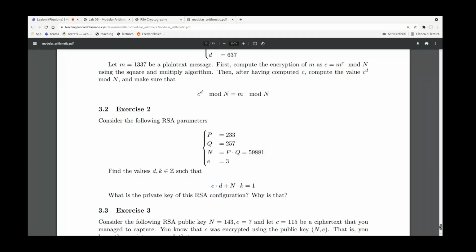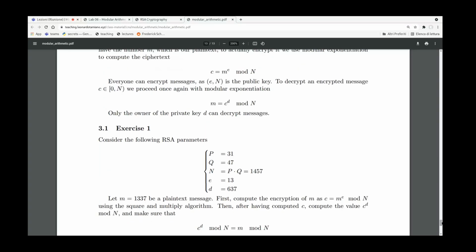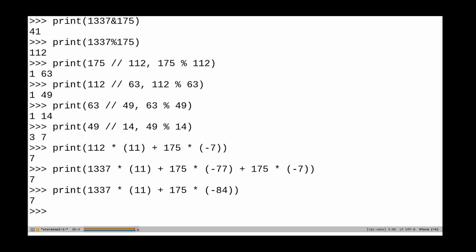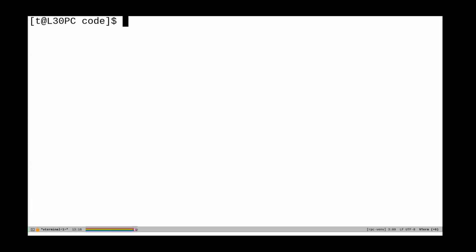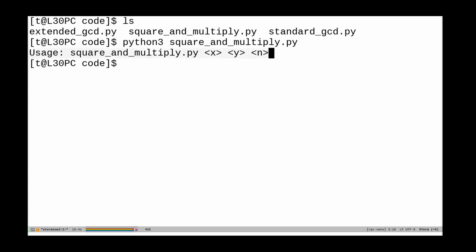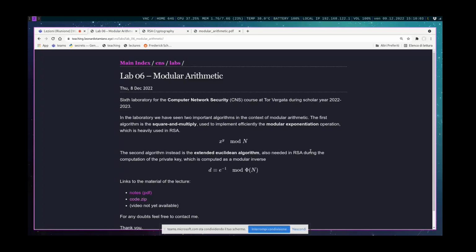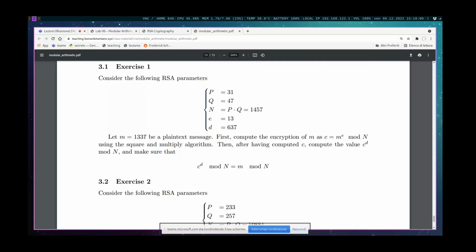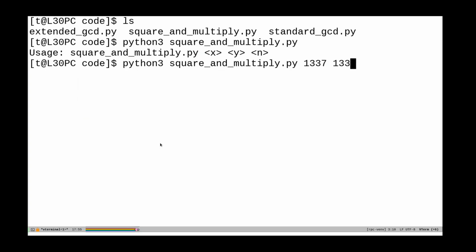These are the main two things, and in the resources, in the code zip, you just download it and you find these 3 files that allow you to test your understanding. You have the square multiply that you call with x, y, and n, so you can test. For example, the exercise required to compute the ciphertext when the plaintext was 1337, so that's the base.